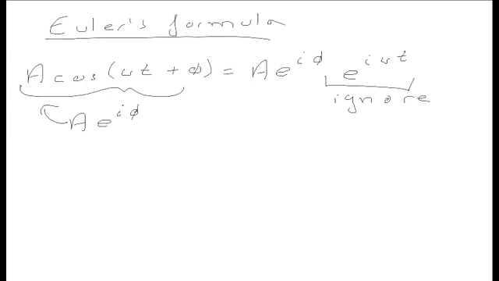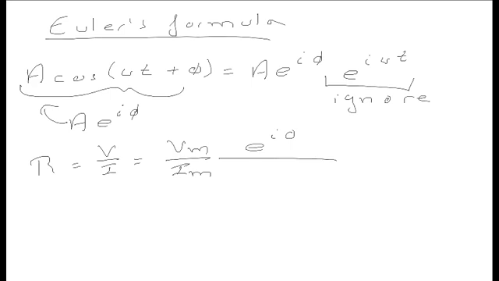So now we can go back to our original example. R is V over I, and that's now given as Vm over Im, and then e to the i times 0. Remember that the initial phase of the cosine for the voltage was 0, over e to the i phi. This is just the division of exponents.